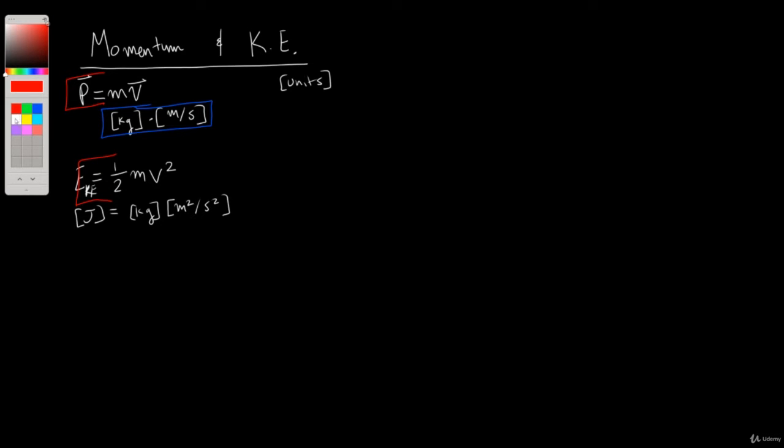To be a bit more precise, we can rewrite this kinetic energy in terms of momentum. Clearly they're related through the velocity. We can write that as KE equals the vector p dotted with the vector p over 2m, and that's simply equal to p squared over 2m.